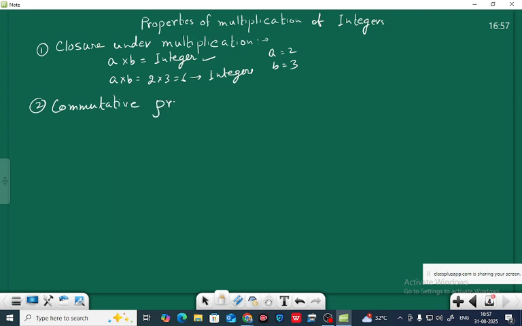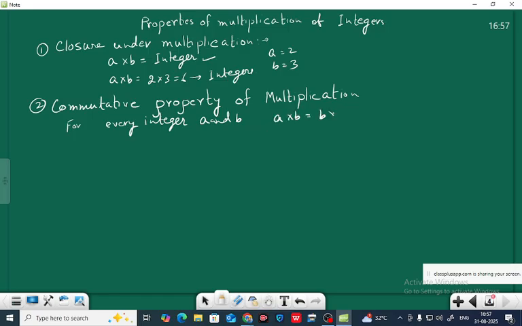That is, for every integer a and b, a into b is equal to b into a.